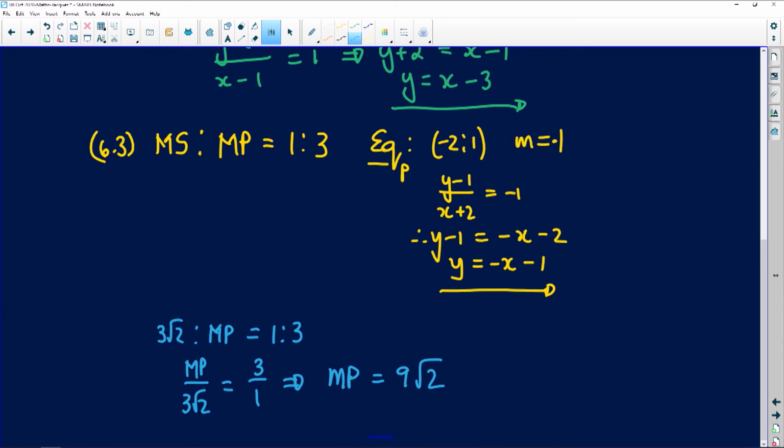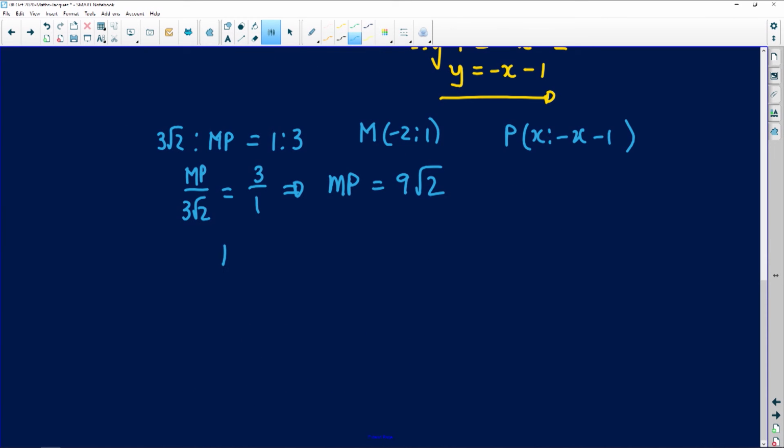Okay, so I know the point P has x, minus x minus 1. Sorry, let me just get rid of that bit. Is minus x minus 1. And then I know that my coordinate pair at M was, what was it? It was -2 and 1. So I'm going to say the distance between those two is the 9 root 2.